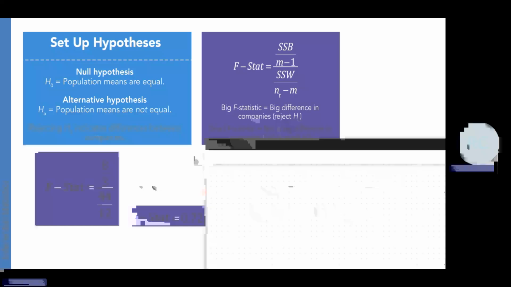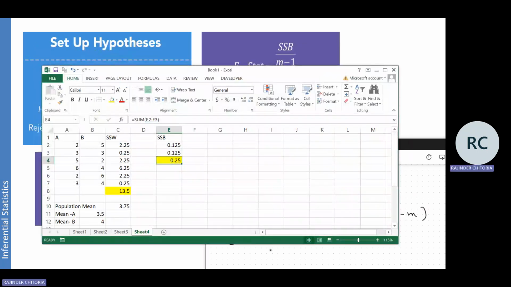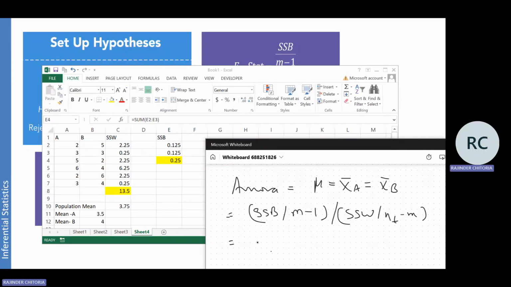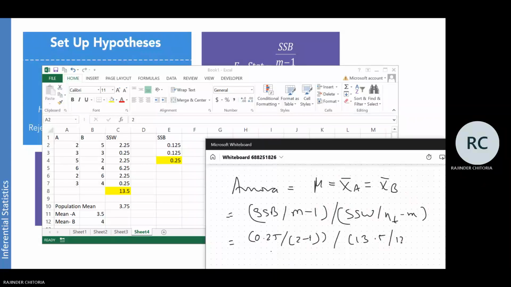So in our case, N total minus groups. Let's fill in the values. In Excel, SSB was 0.25, sorry. Then M is 2 minus 1. Then SSW we have 13.5 divided by N total, the count of this. In this case, it is 12 minus the number of groups, 2.